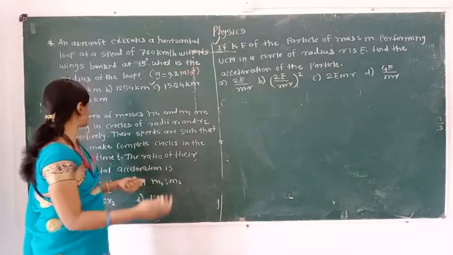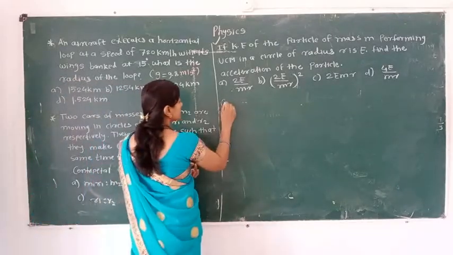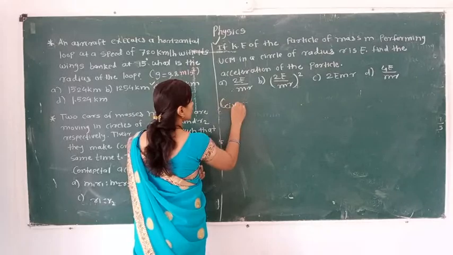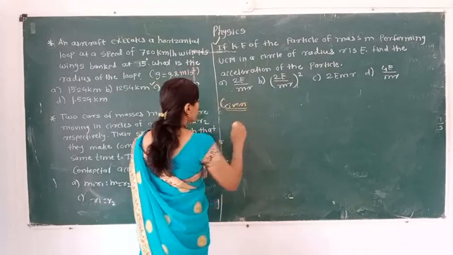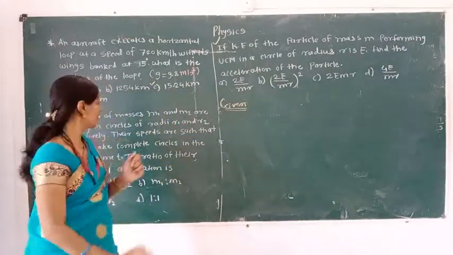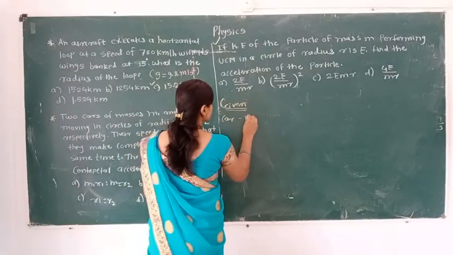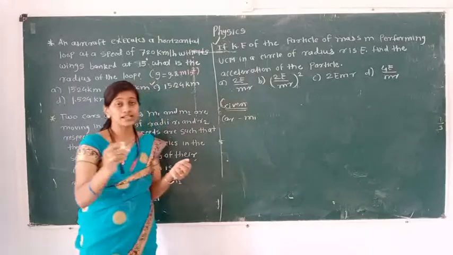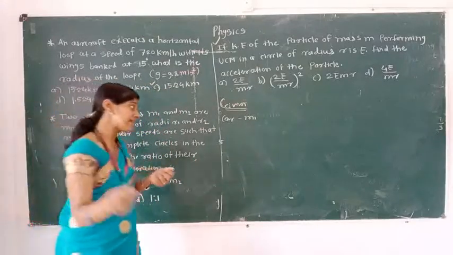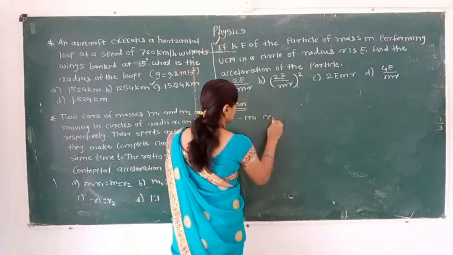Simple, two cars are there, so we can say given information first. No mathematical calculation is there, only the interrelationship between the factors. So for car number 1, the mass is given as m1. That car is going to revolve in a circle having the radius r1.